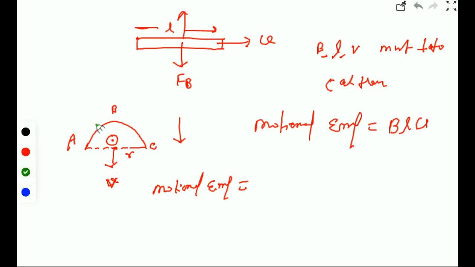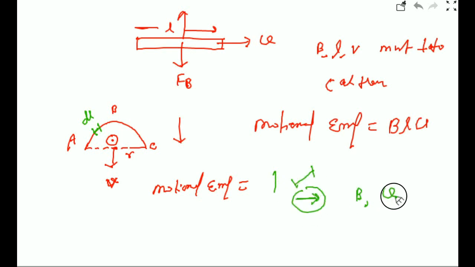If you take any small element dl, it has two components, one in this direction and the other in this direction. Only this component is perpendicular to the magnetic field as well as the velocity. So you take only the horizontal component, and the projection of this semicircle along this direction is 2r. So directly you can write B, for L write 2r, and V. So 2BrV will be your answer. Thank you.